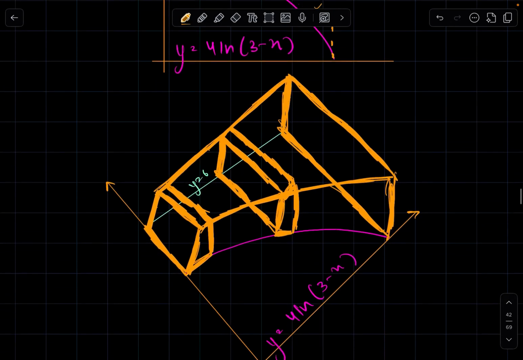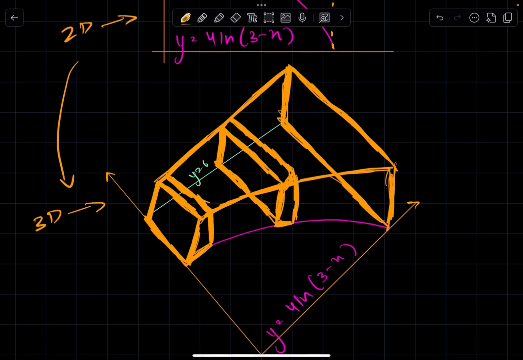So basically, this graph is in 2D and this graph is the same thing but in 3D. In green we have y is equal to 6 and in pink we have y is equal to 4 times natural log of 3 minus x. And we have drawn rectangles here which trace the area bounded by these two curves, and we'll basically calculate the volume of these rectangles.